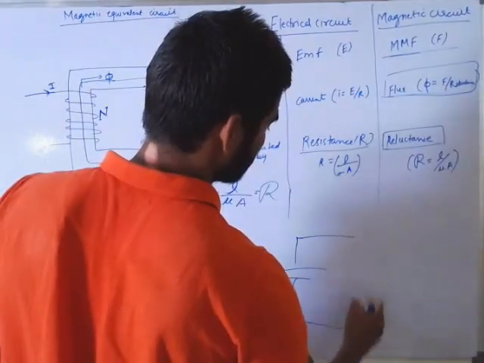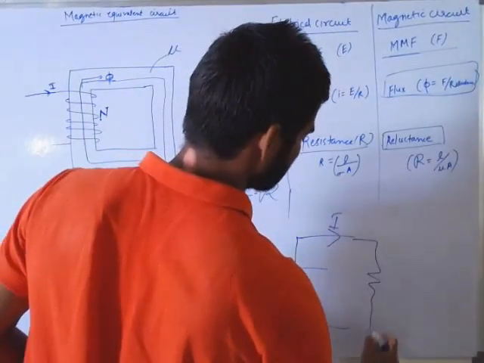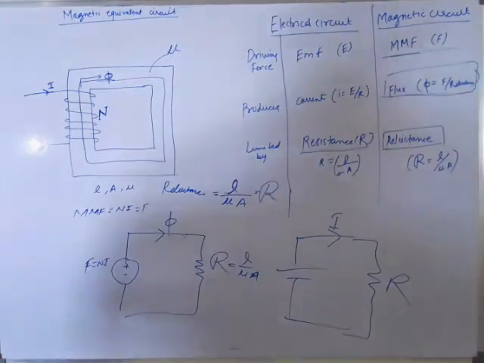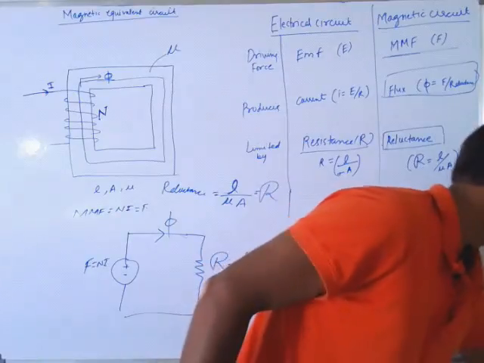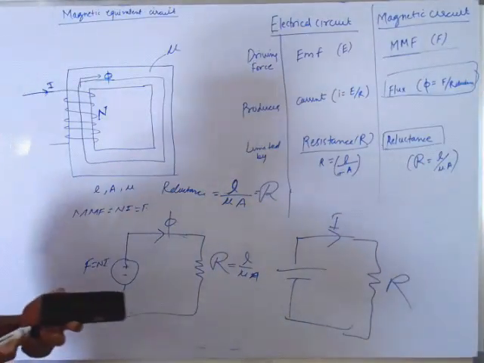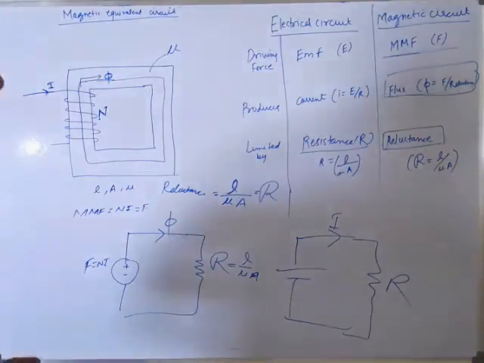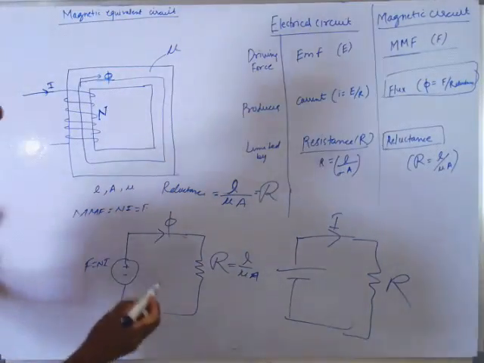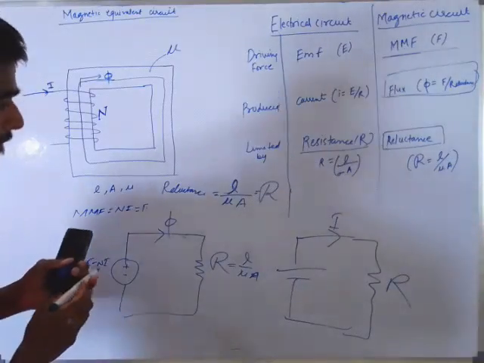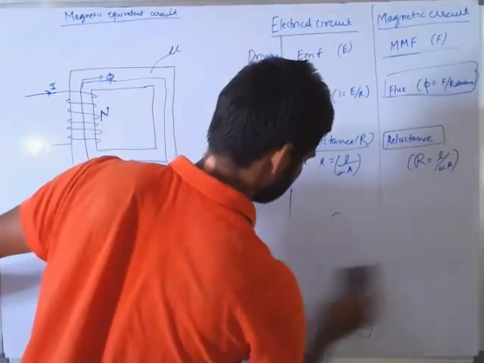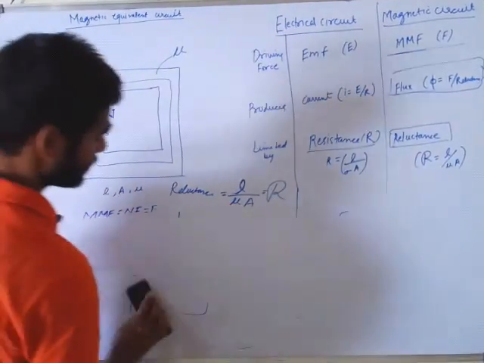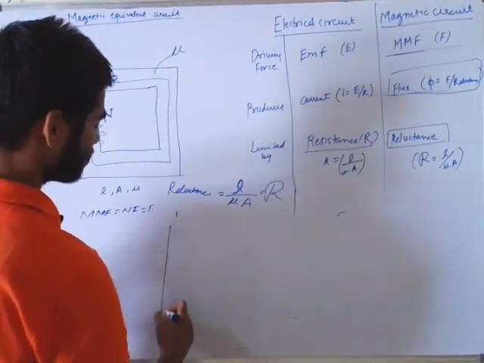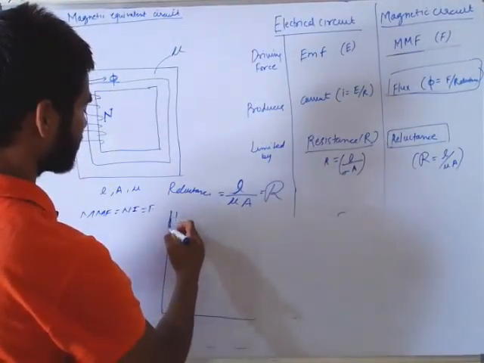Suppose this is E, I, and this is resistance R. One more difference between electrical circuits and magnetic circuits is this.